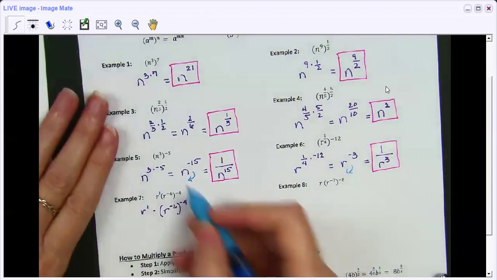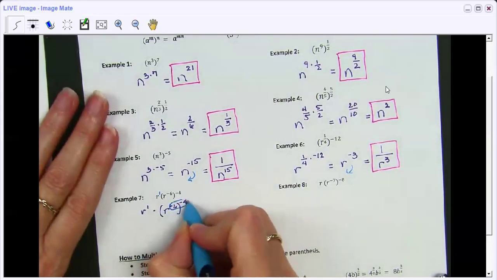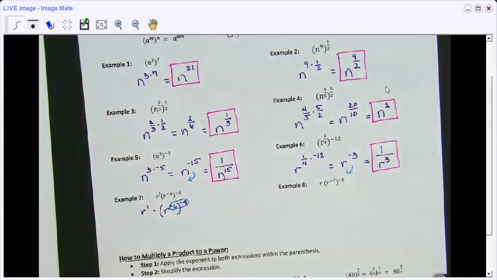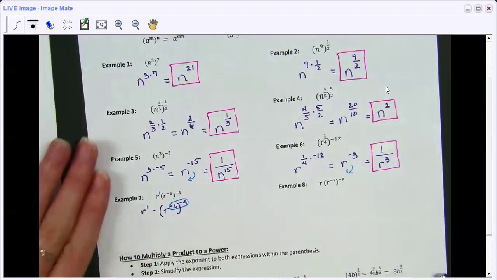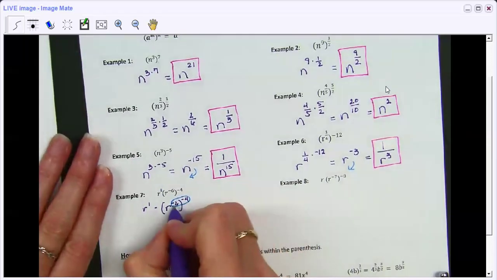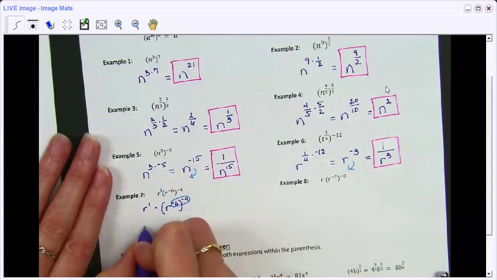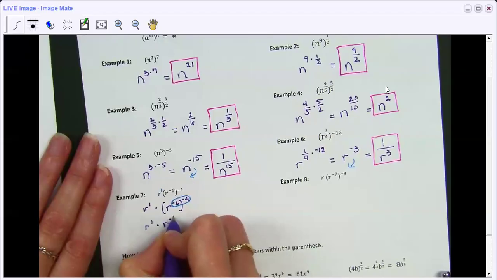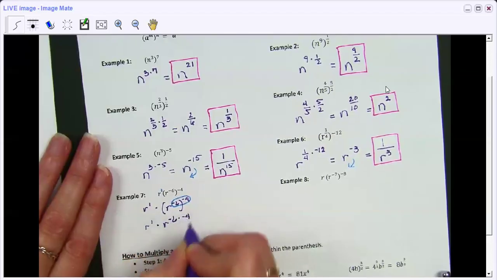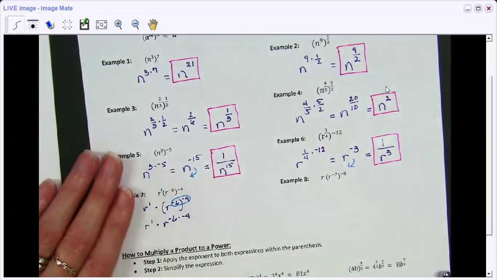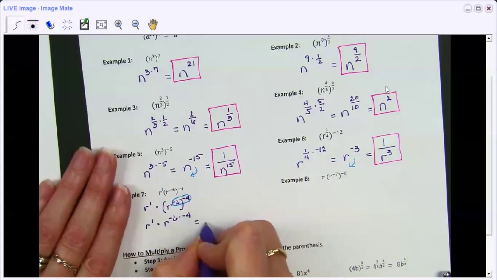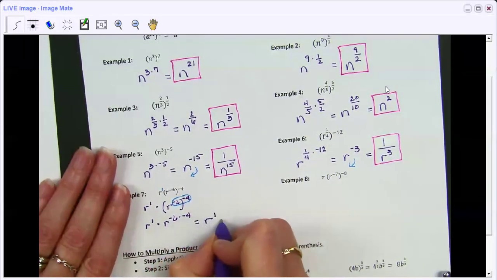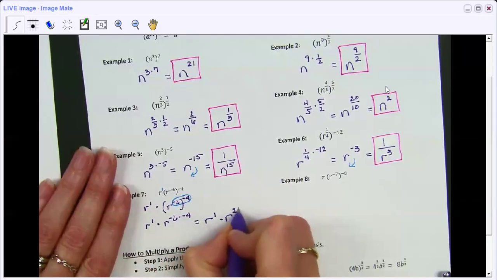So we need to raise the -6 to the power of -4. So it's r to the power of 1 times r to the power of -6 times -4, which is r to the power of 1 times r to the power of 24.